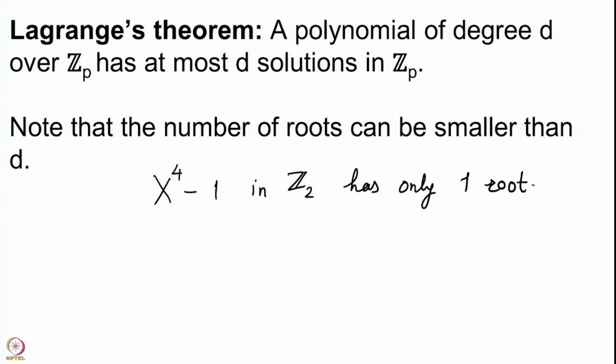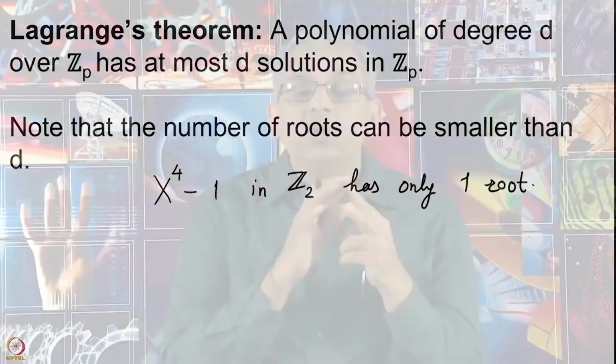But here you may say that Z2 actually has only two elements, 0 and 1. 0 to the 4 is 0 and 1 to the 4 is 1. So the fact that you have only one root, which is smaller than 4, is not very striking, because Z2 alone has fewer than 4 elements.